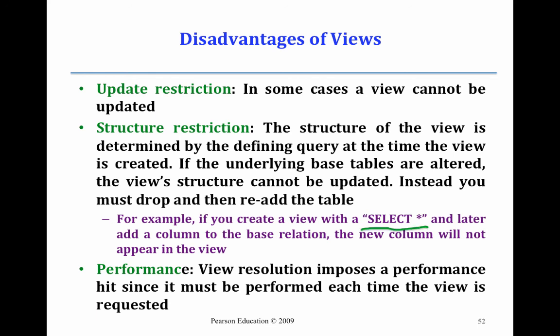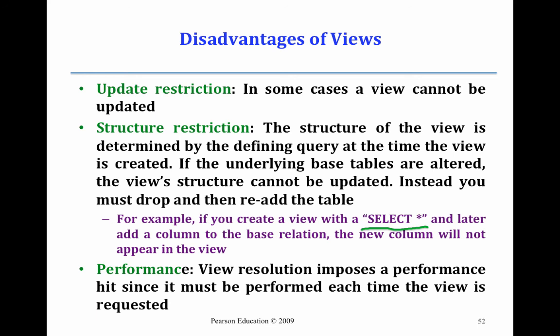If you say select star, saying I want all columns in the base relation to appear, you would think if you added a new column to the base relation, you would not have to modify your view. But in fact, you must delete the view, recreate it with exactly the same syntax in order to pick up the new column. Kind of icky, but the way it is.